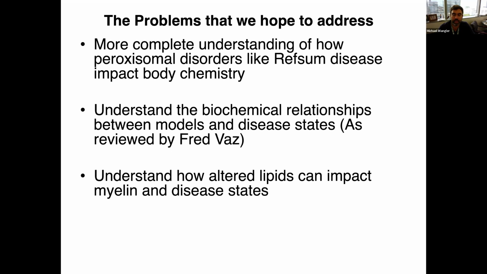We hope to understand the biochemical relationships between animal models, as Fred talked about the mouse, and disease states. And one of our specific interests is to understand how different alterations in lipids can impact myelin in the brain and other disease states.